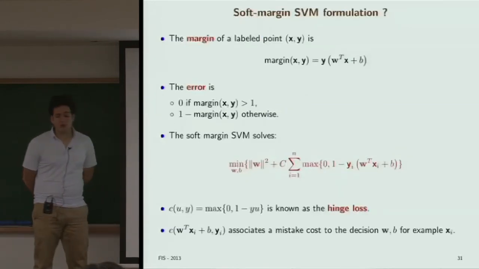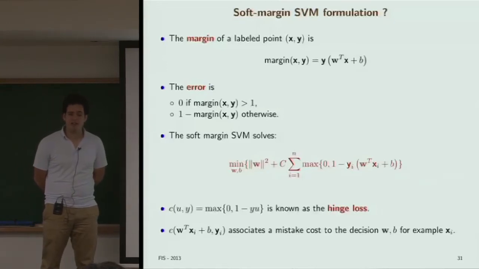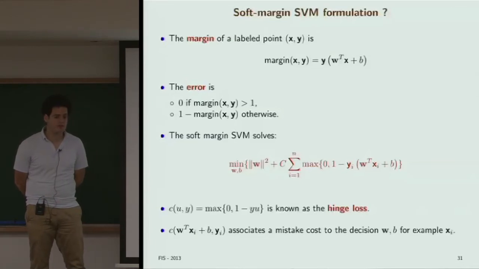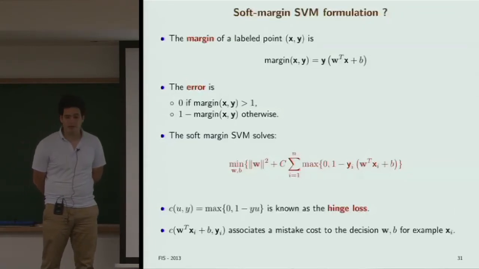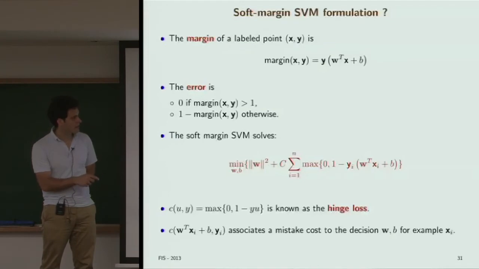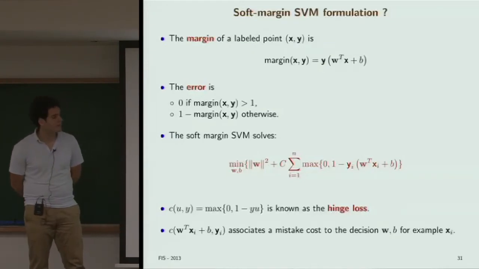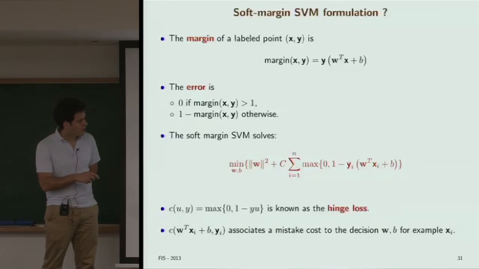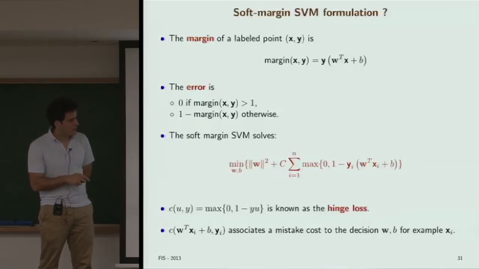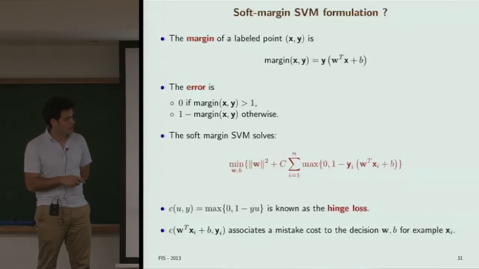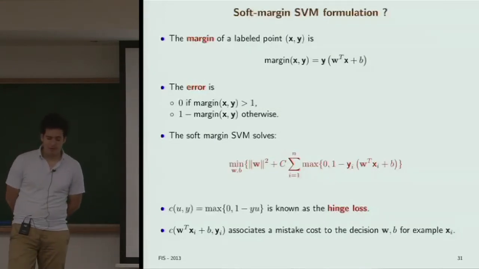So let's formalize a bit better this idea of violating the separability constraints. Imagine that you have a point here which is x and we have a label y. We're going to call this quantity here the margin of x and y, the product of the label times w transpose x plus b.